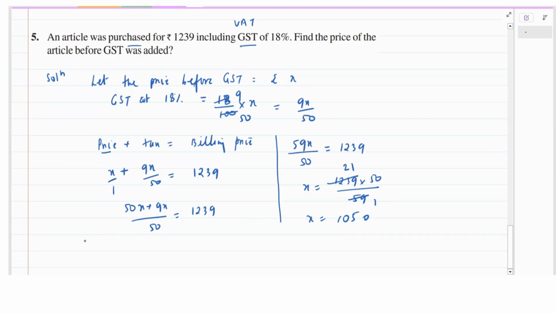So the final answer you can write is the price before GST is rupees 1050. So this is about the final exercise of 7.2.